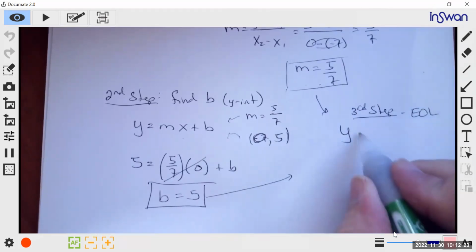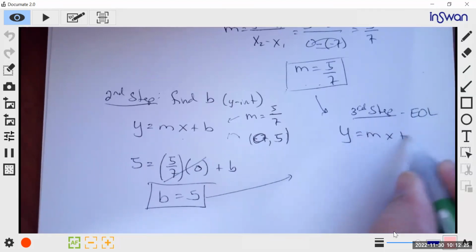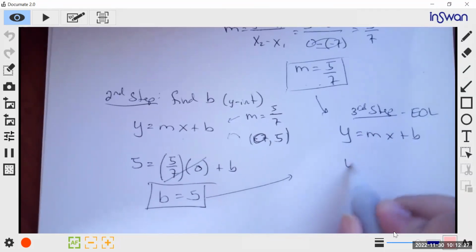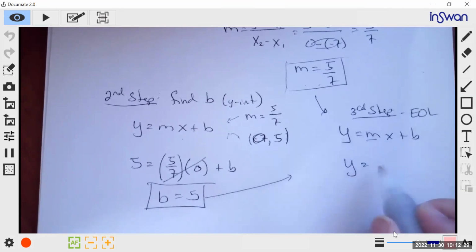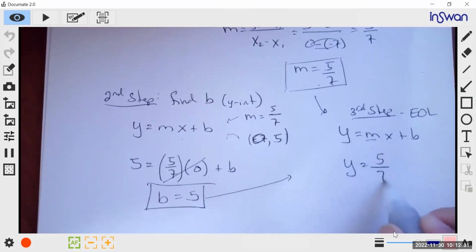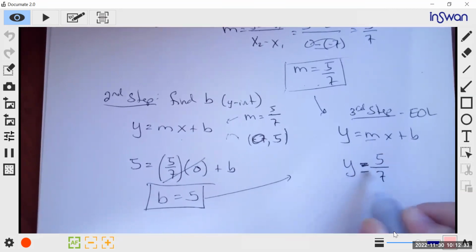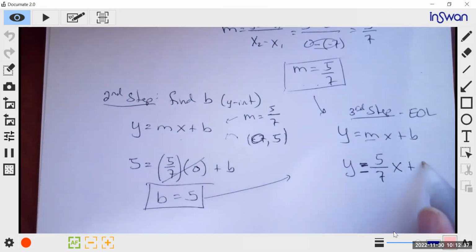Create the equation of the line. So the m is 5/7 x, and the b is 5. So there's your equation of a line.